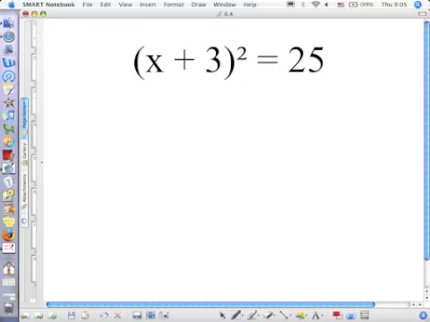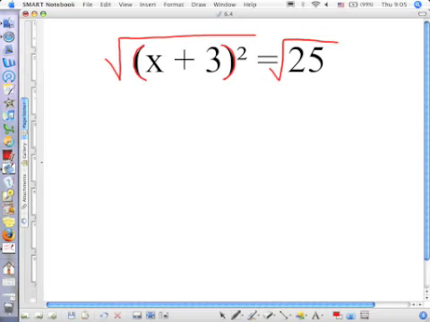Now let's say we got to this point. How are we going to solve these equations? Well, just like the last one, if it was x squared equals 25, we took the square root, right? Because this entire group is in parentheses, I've got to first undo the square, which is doing what? Taking the square root of both sides.